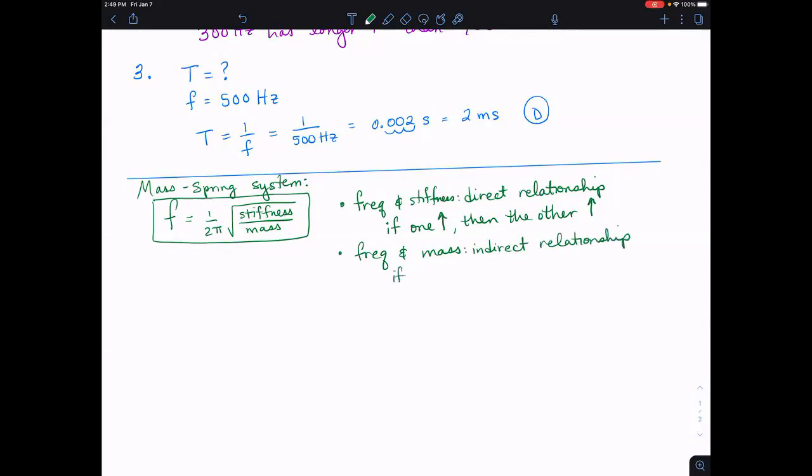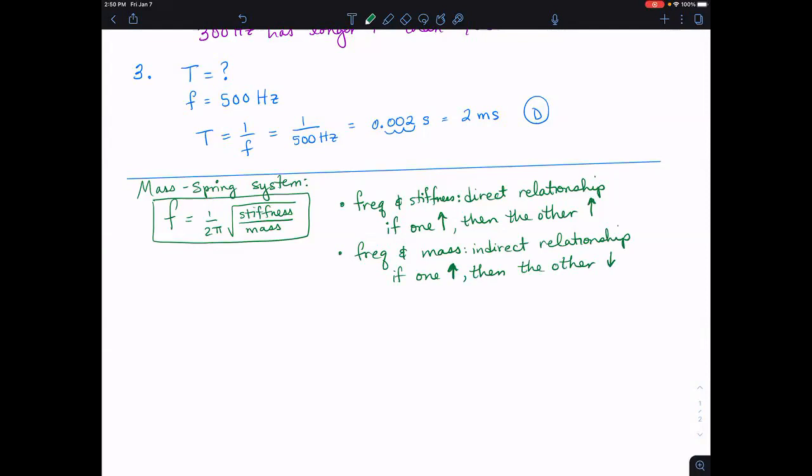That means that if one increases, then the other goes down. That's our general relationship for how the stiffness and the mass impact the natural frequency of the oscillation of mass spring systems. We're going to use this relationship throughout our class to get approximations for other more complicated systems.